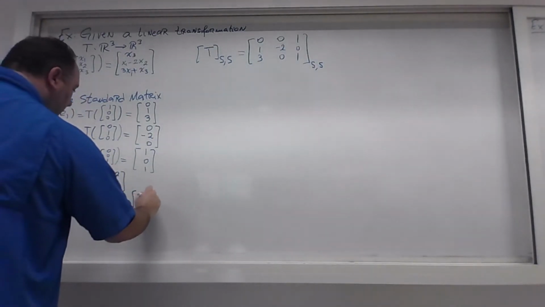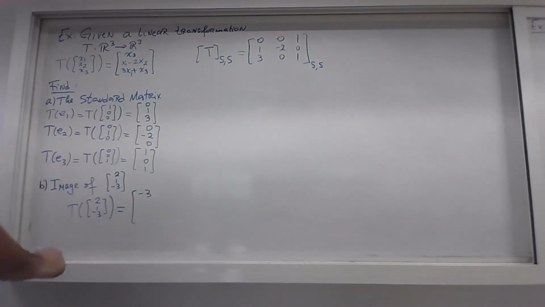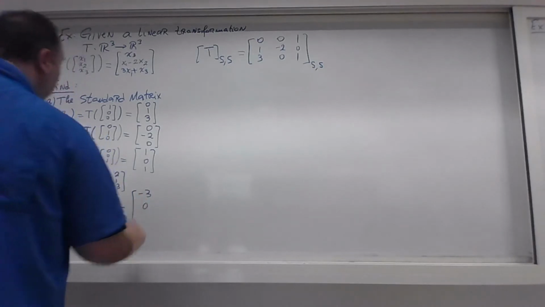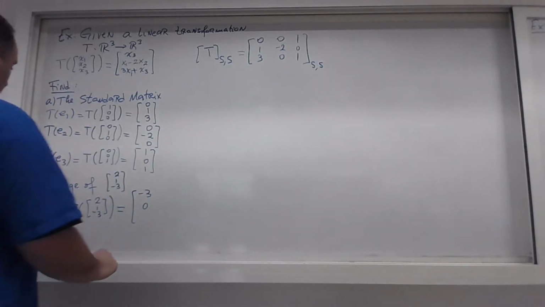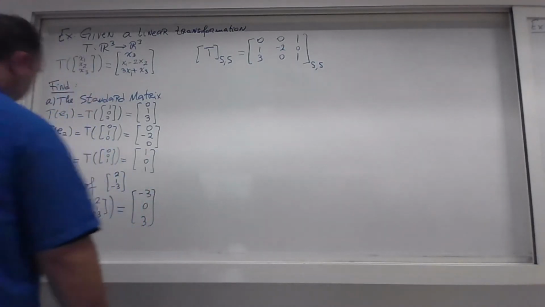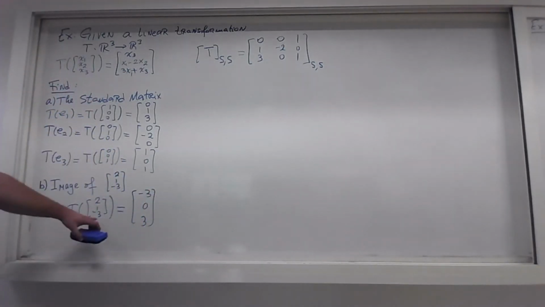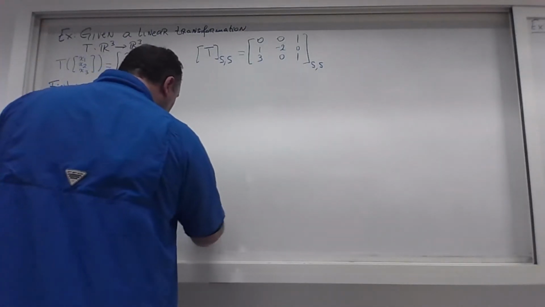So it's -3 here, and then 2 minus 2 is 0, and then we have 6 minus 3 is 3. So this is the image of this vector under the transformation, or another version.